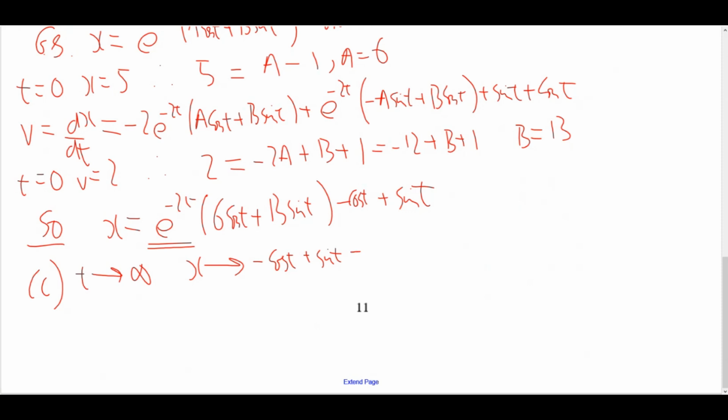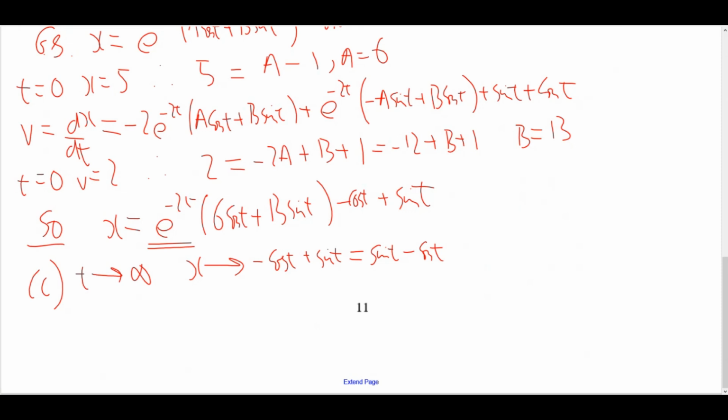I'm just going to rewrite this slightly. This is the same as sine t minus cos t. And what that really means is that it will approximately exhibit simple harmonic motion. To work out the amplitude and the time period of that motion, that's a very vaguely worded question. I think it would be enough to say x oscillates or x has simple harmonic motion approximately.